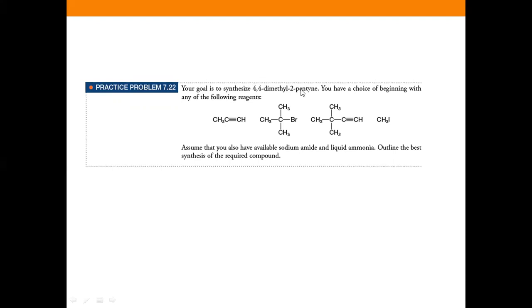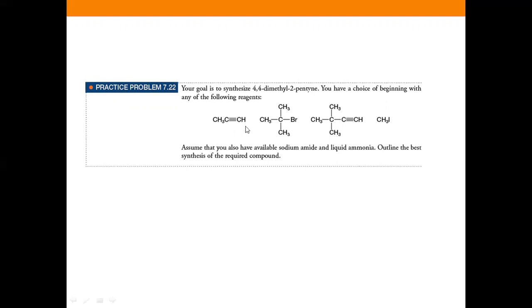Pentane, so you have your triple bond on the second carbon, and then on the fourth carbon, you have two methyl groups. Assume that you have available sodium amide and liquid ammonia. So this will be your base, sodium amide and liquid ammonia. Outline the best synthesis of the required compound.